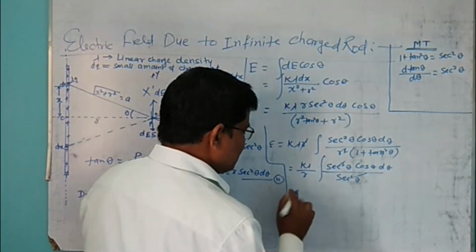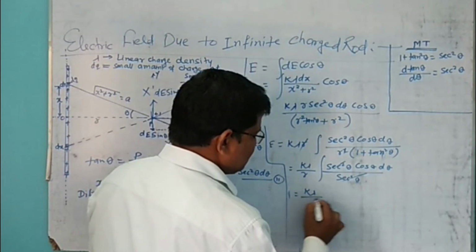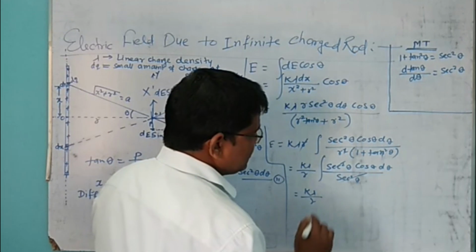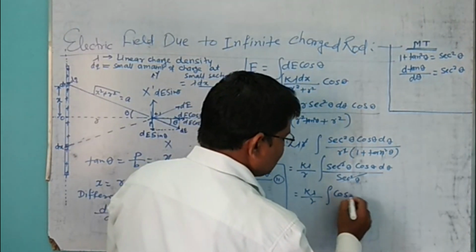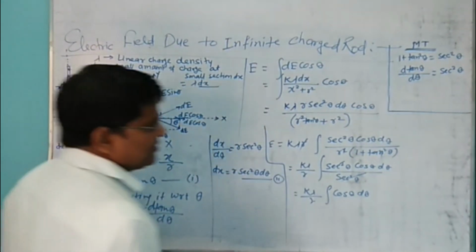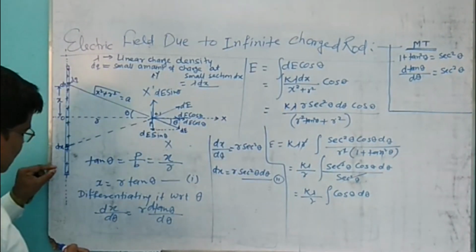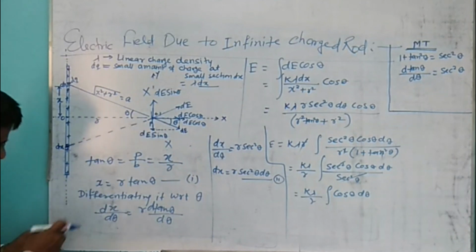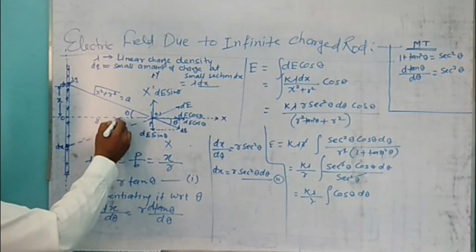Then the net electric field E equals k lambda by r into the integration of cos theta d theta. The limit is, when the point goes to infinity, the angle becomes 90 degrees.